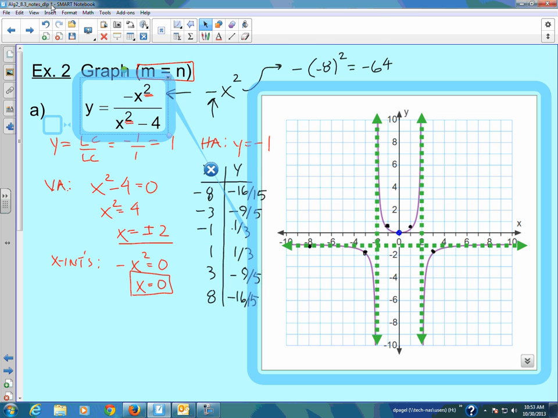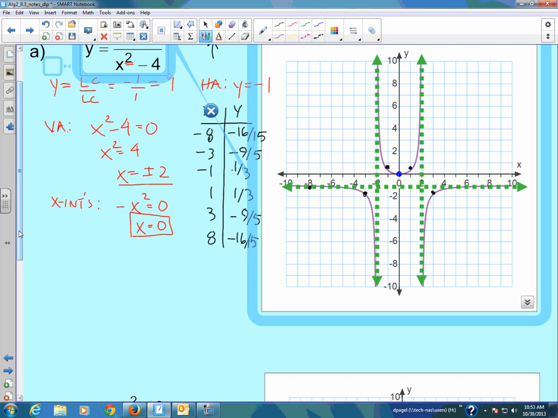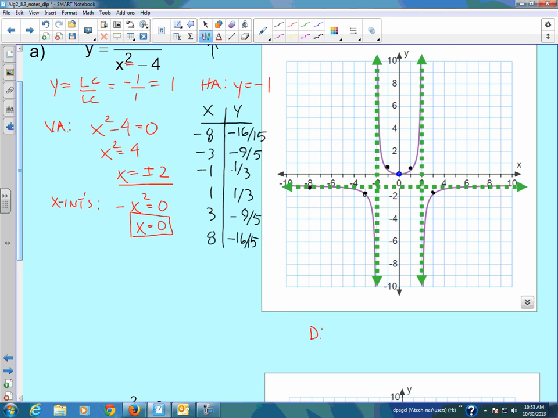Now, domain and range on this one, again, might be worth having a little discussion about. So the domain is x cannot equal plus or minus 2, but it can be anything else. It's just not going to be the values of my vertical asymptotes. In terms of the range, if I look at the below horizontal asymptote, I'm going to be less than -1.